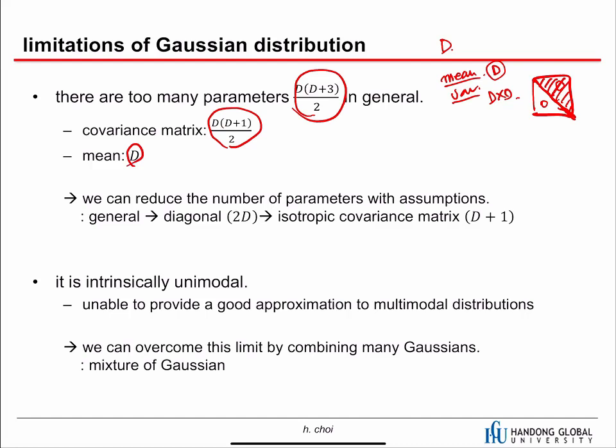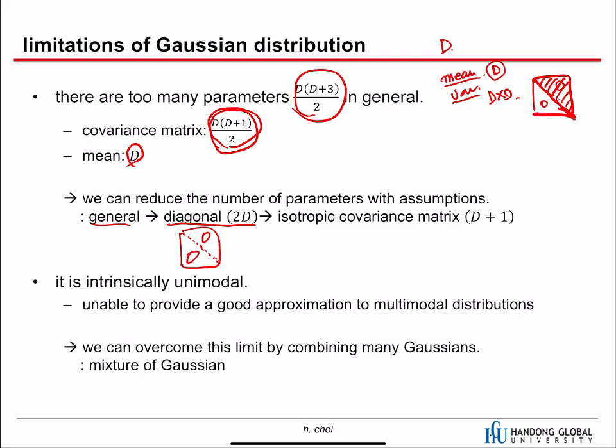So we can reduce the number of parameters with some assumptions or approximations. In general, we have this many parameters for the covariance matrix, but sometimes we can have a diagonal matrix. So in this covariance matrix, we set 0 here, and we have some numbers on this diagonal line.